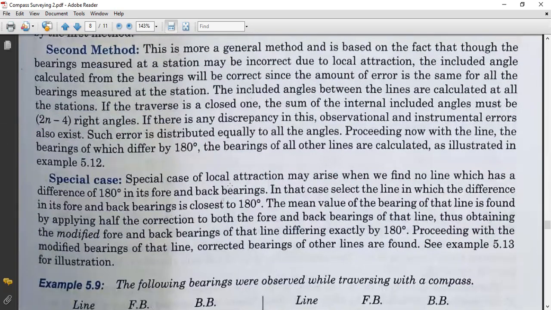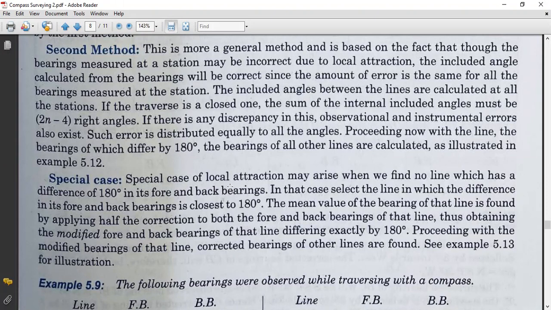Next, the special case. A special case arises whenever you check the bearings of all the lines and you don't get a difference of 180 degrees between fore bearing and back bearing for any of the lines. Suppose I have a pentagon where no line gives a difference of 180 degrees.